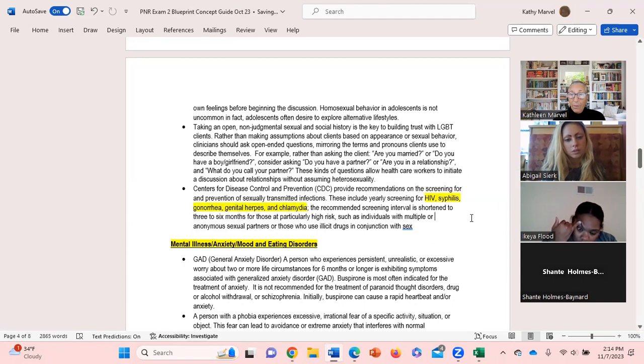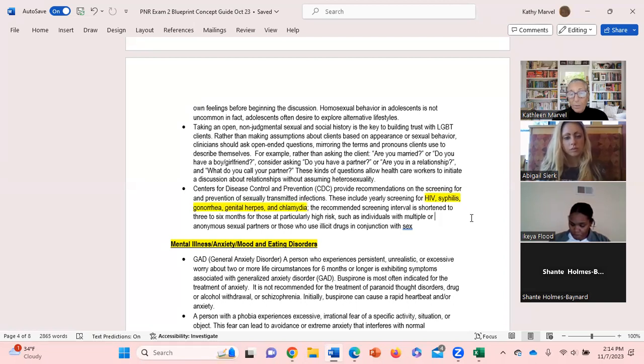Okay. However, the rest of that says that if they're at higher risk for a few different reasons, multiple or anonymous sex partners, or using illicit drugs, then the recommendation goes to where? It's shortened to 6 months. That's what that says.